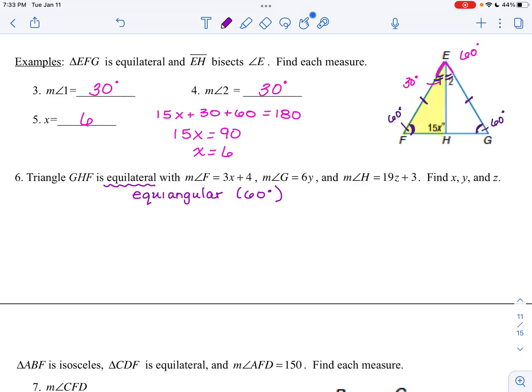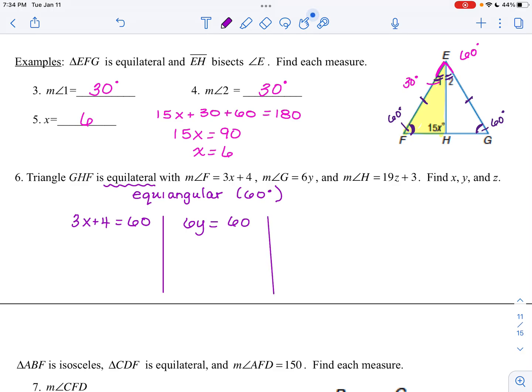So in order to solve for x, y, and z, we're going to create three separate equations. The first one will say that angle F, which is 3x plus 4, must equal 60 degrees. The second one, angle G, which is represented by 6y, must also equal 60 degrees.